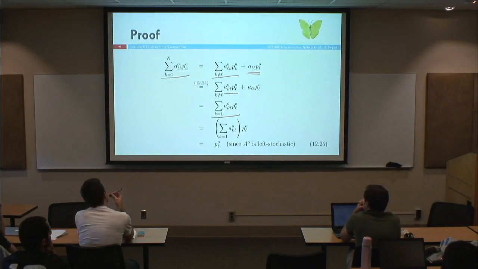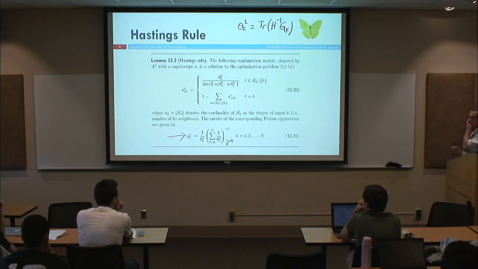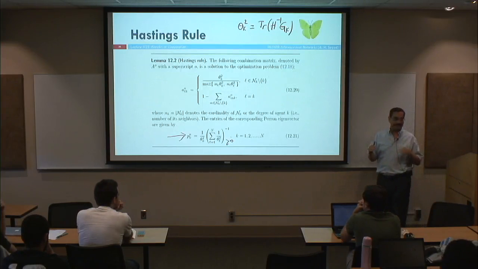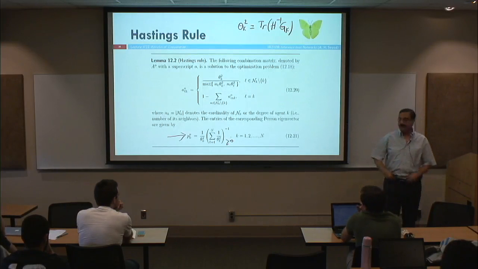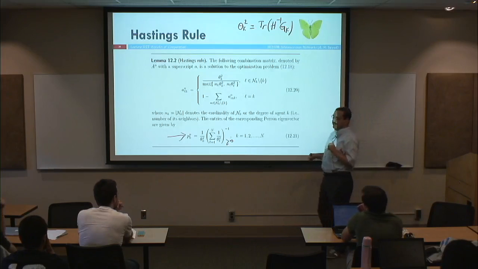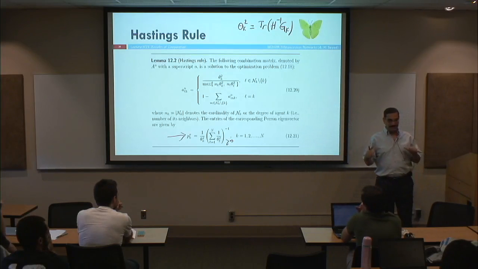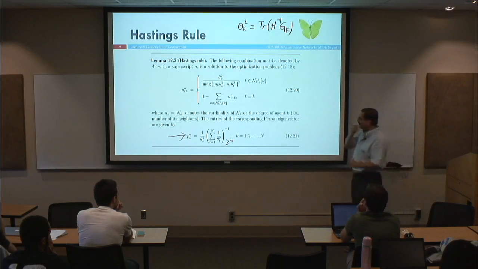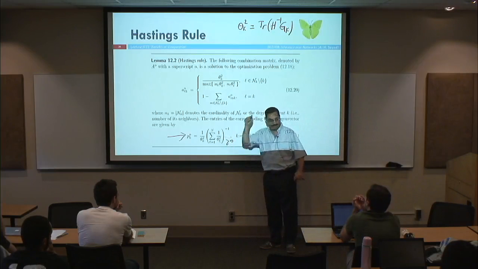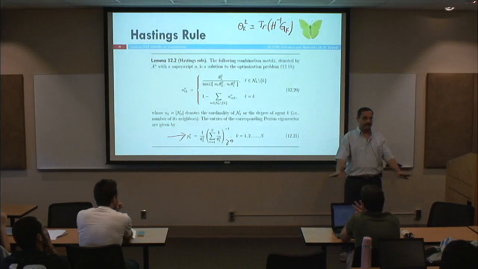The interesting thing here is that I found an A that minimizes the MSD. We refer to it as the Hastings rule. Now this A will turn out to have some useful properties. Since this minimizes the MSD, if I take those p's and plug them back into the MSD expression, I will get the smallest possible MSD I can get for that network.